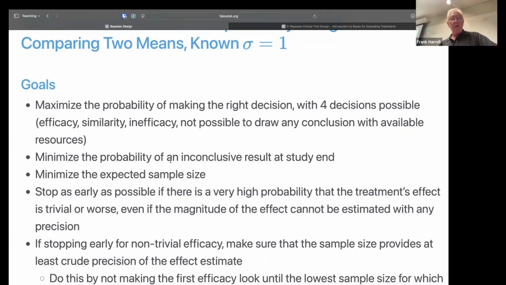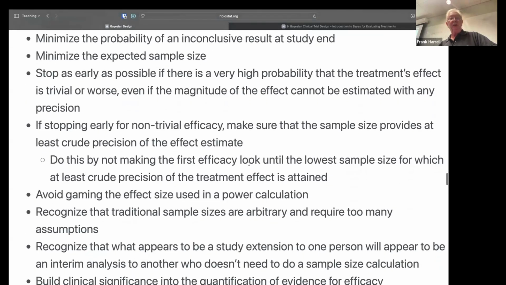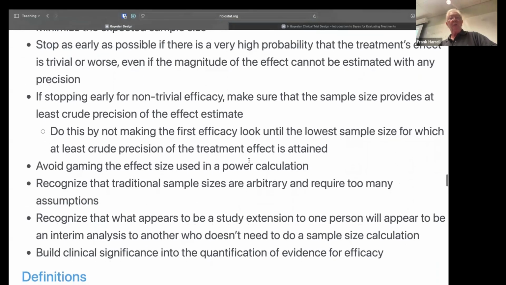We want to minimize the probability of an inconclusive study result at the study end. We want to minimize the expected sample size, stop as early as possible if there's a high probability that the treatment effect is trivial or worse. Now, by adding trivial in here and not just 0, that allows for much earlier stopping.